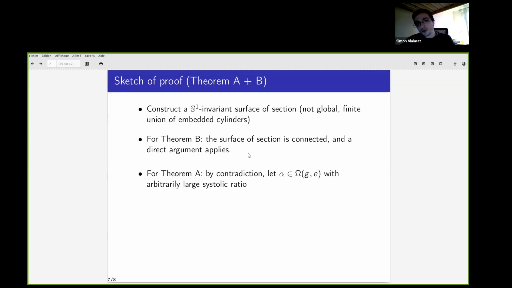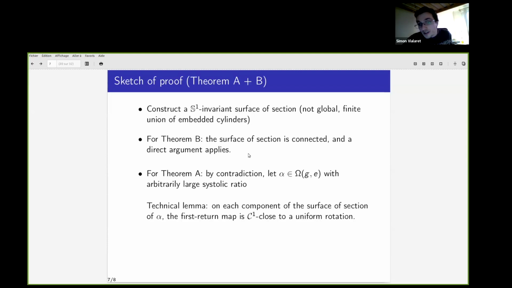We cannot assume that this surface of section is going to be connected. It's going to have a certain number of components that we can control, but still, it's not clear how everything interacts together. But we can argue by contradiction and assume that we can find invariant contact forms with arbitrarily large systolic ratio.